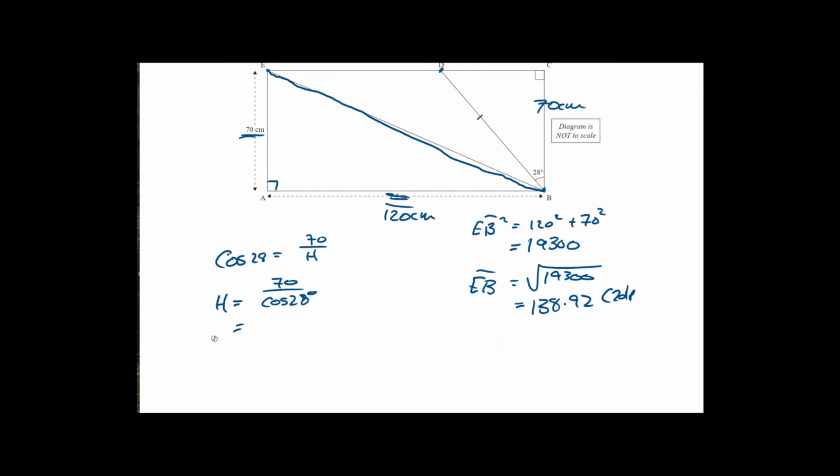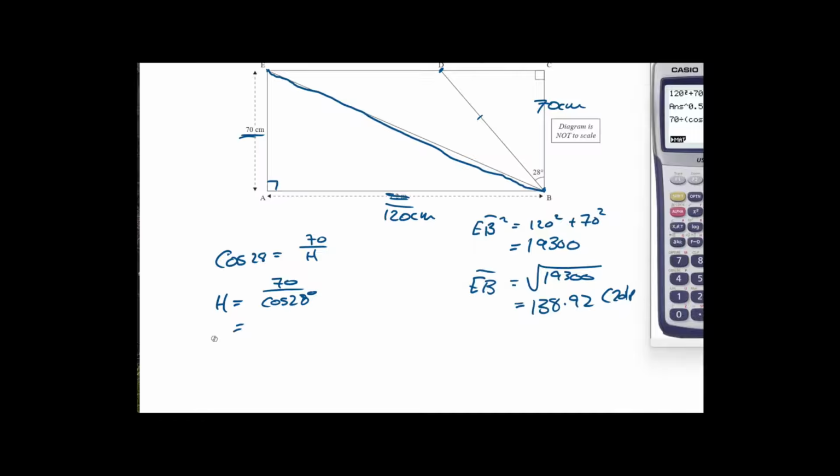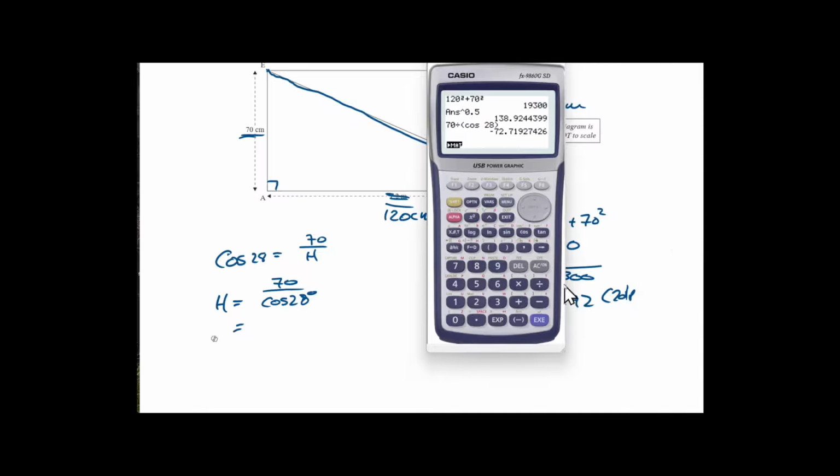Grab our calculator. First thing we need to do is make sure that it's in degree mode. It's not, it's in radian mode. So 70 divided by, I'm going to put it in brackets, cos of 28. Ooh, okay, so we've made a mistake. The mistake was that I didn't change over to degree mode.